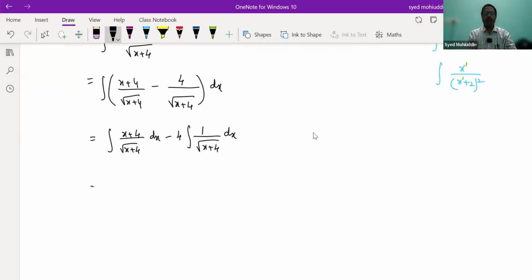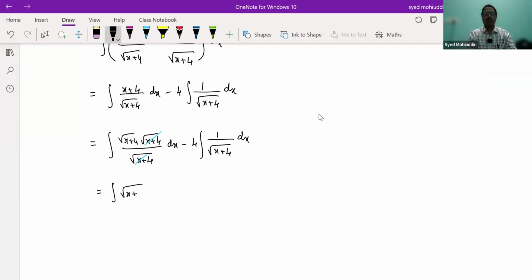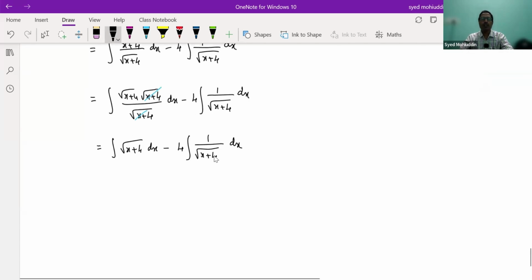The numerator x plus 4 can be written as root of x plus 4 into root of x plus 4, divided by root of x plus 4 into dx, minus 4 times 1 by root of x plus 4 into dx. We observe that root of x plus 4 and root of x plus 4 will cancel out. It is integral of root of x plus 4 into dx minus 4 times integral of 1 by root of x plus 4 into dx. So this is how you can separate it.